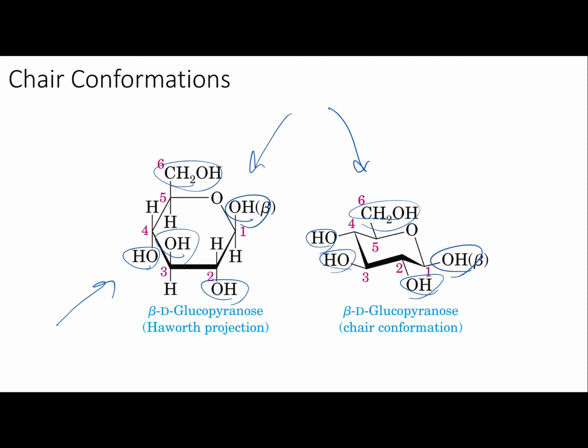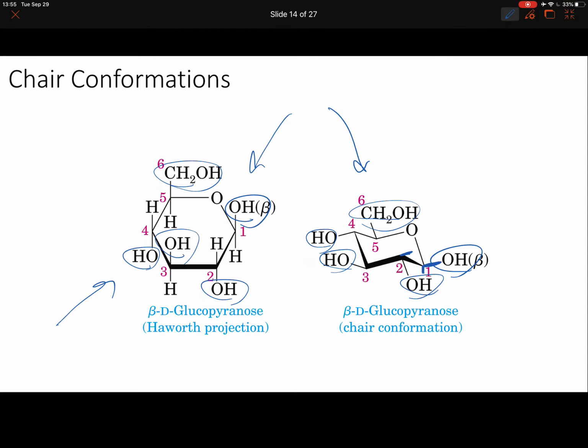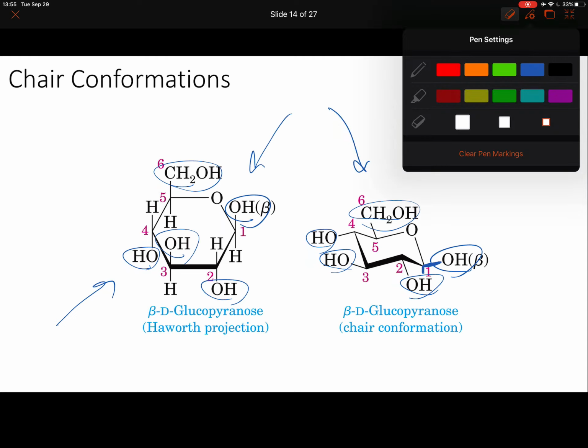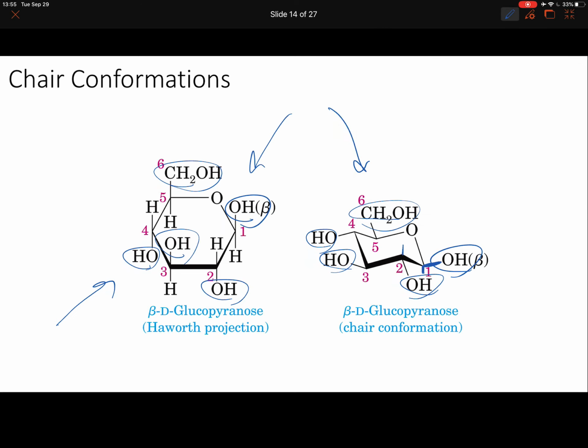Now it's easier to see up, down on the Haworth projection, but on the chair conformation, you have to remember that there's axial and equatorial. So axial was the up versus the down in this case. And then here we were saying down, and it is down compared to the, actually, I drew that one incorrectly. All the points on these chair configurations are where you should have an up and a down.